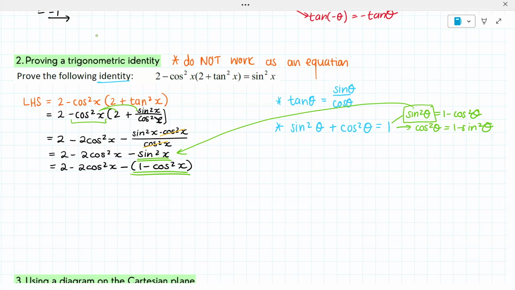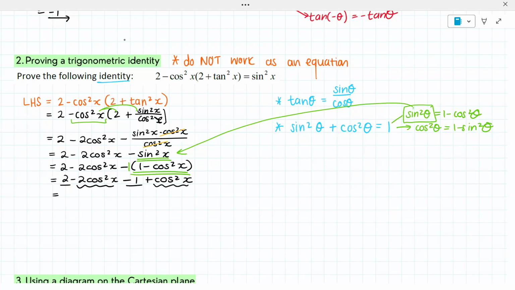But by doing that, I'm now creating a situation whereby everything is a cos or a constant. I can now distribute this -1 into my bracket. So I've got 2 minus 2 cos squared x minus 1 plus cos squared x. And now I collect my like terms.